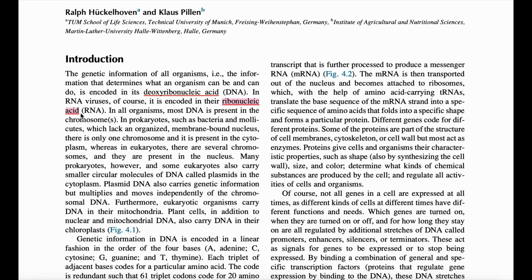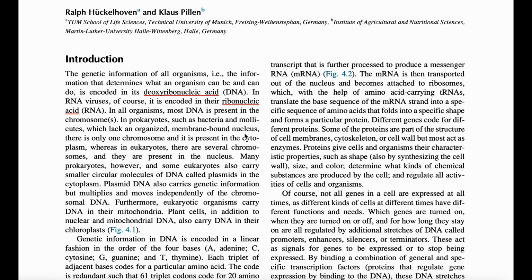Yes. So in all organisms, most DNA is present in the chromosomes, and in prokaryotes such as bacteria and molecules which lack an organized membrane-bound nucleus. What is that term called? The nucleus which does not have a well-organized bound membrane is called a nucleoid, not nucleus, which means primitive nucleus.